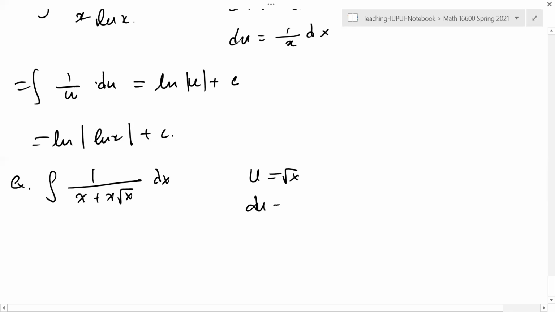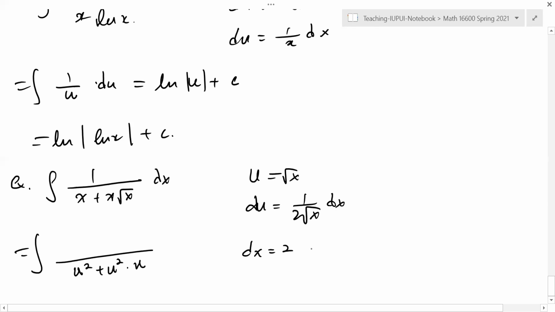So du equals this. If it's not working, we have to try a different way, okay? In this integral, x is u squared, and dx is going to be 2 square root x du, and that's 2u du, right?